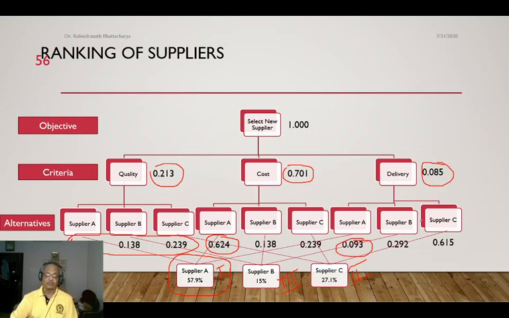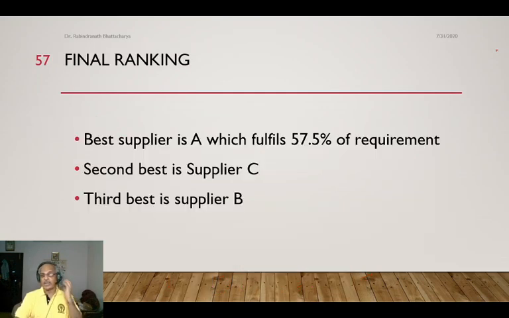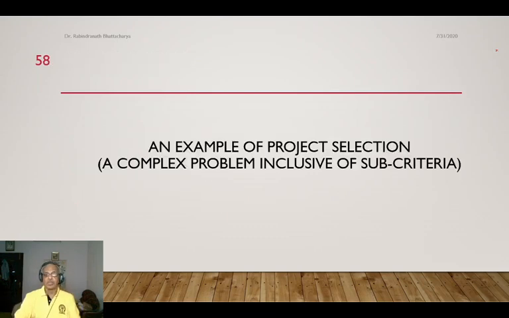If I do it, then I will get the value of 57.9%, which is the highest among all these three suppliers. So gentlemen, we have arrived at the final figure. Supplier A is the best, which fulfills 57.5% of our requirement. Second best supplier is C, and third best supplier is B.